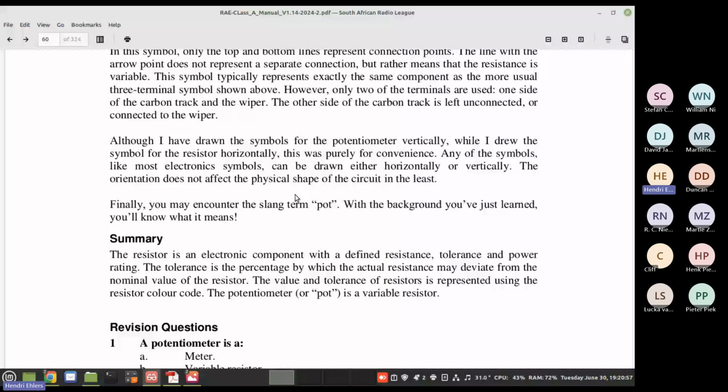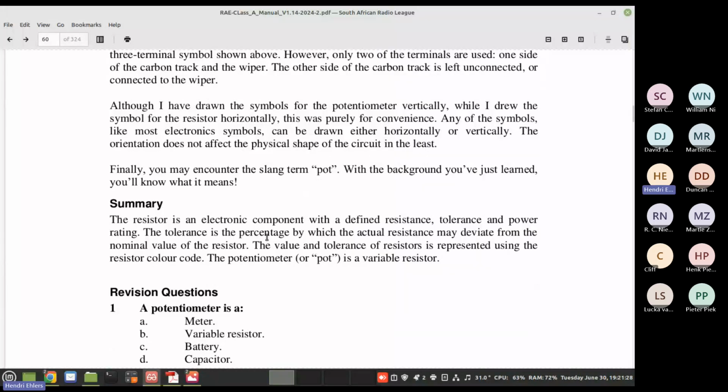What they basically tell you is that if you have a 1K, 1000 ohm resistor, and there is a 10% tolerance, that 1K resistor can be a 1100 or a 900 ohm resistor. My mental math doesn't let me down. The value and tolerance of a resistor is represented using the resistor color code.